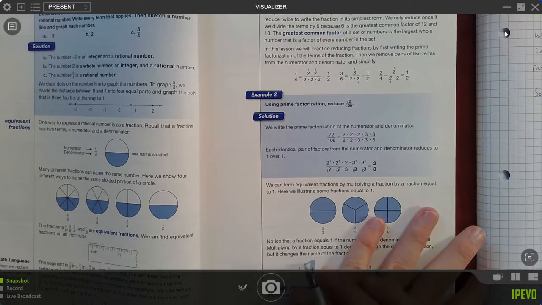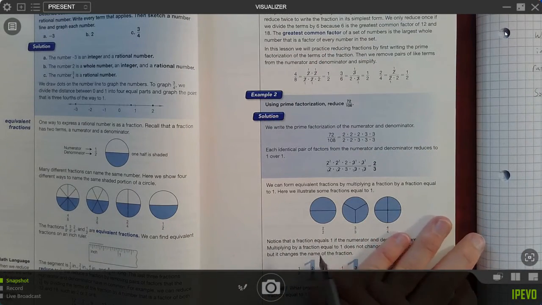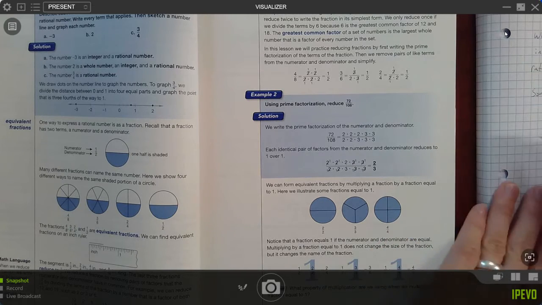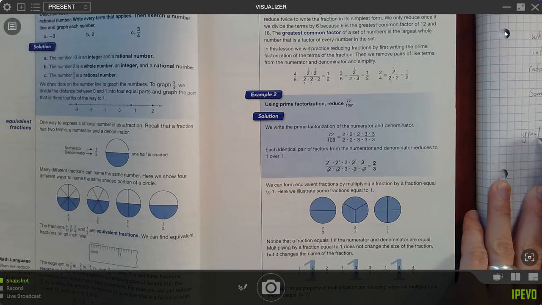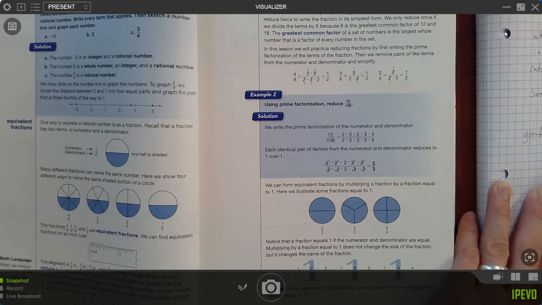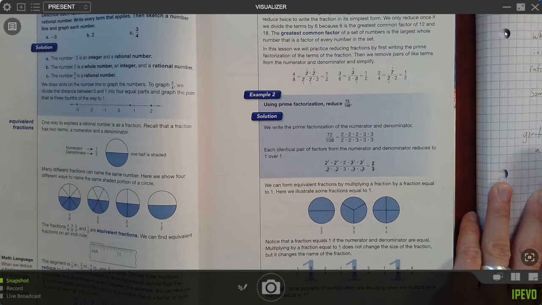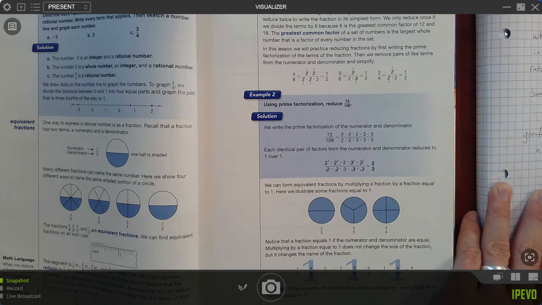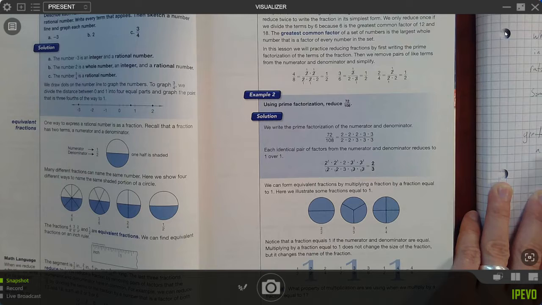So the greatest common factor is the largest whole number that is a factor of every number in the set. Okay, we're going to use that a lot. The greatest common factor is exactly what it says. So a number that is a factor that is shared between two other numbers, those are common factors.